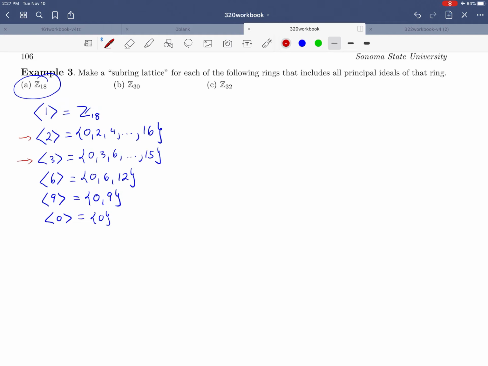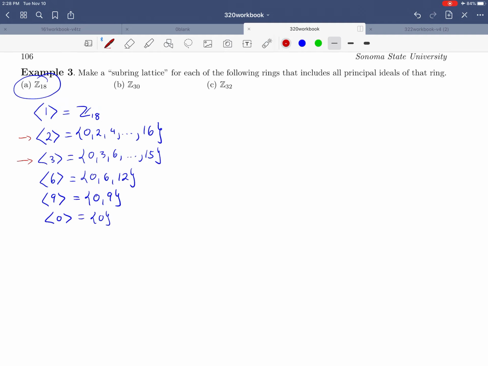But then the other ones are subsets of ones that we already listed before. So in fact, the ideal generated by 6 is a subset of both the principal ideal generated by 2 and the principal ideal generated by 3. And then the principal ideal generated by 9 is a subset of the one generated by 3. And well, the one generated by 0 is a subset of everything.